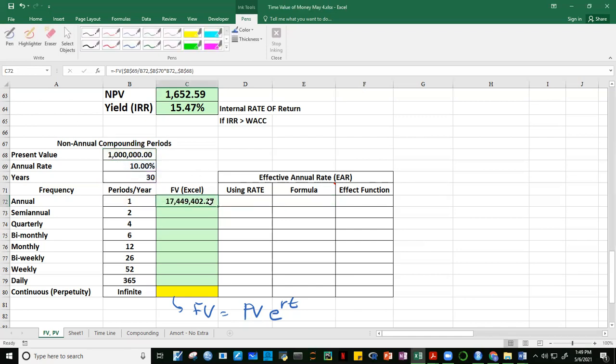Okay, 17,000, no? Okay, we copy this down. We expect the future value to be bigger, no? Okay? So, ito pinapakita sa atin na kung semi-annual yung compounding, tas investor ka, syempre, mas maganda yan. Mas mataas yung future value.